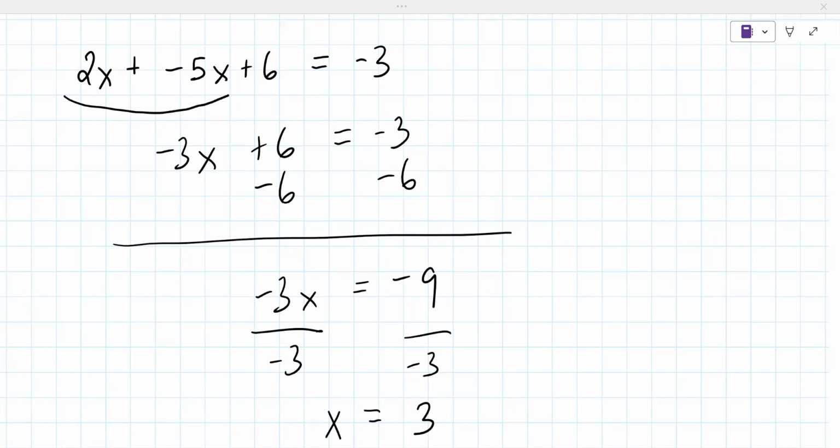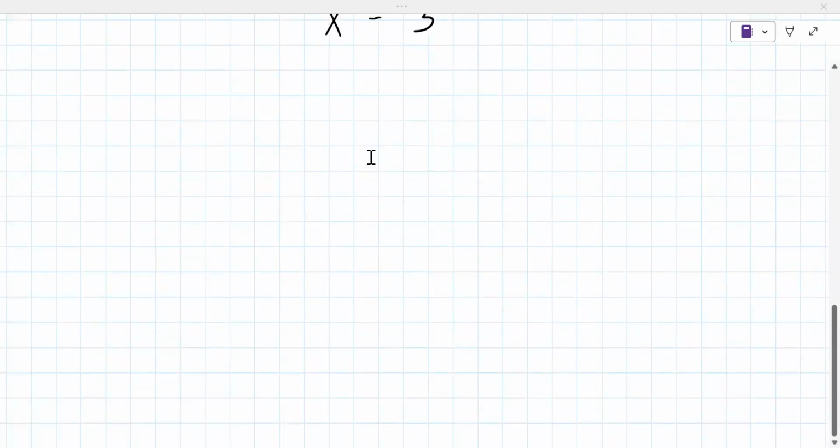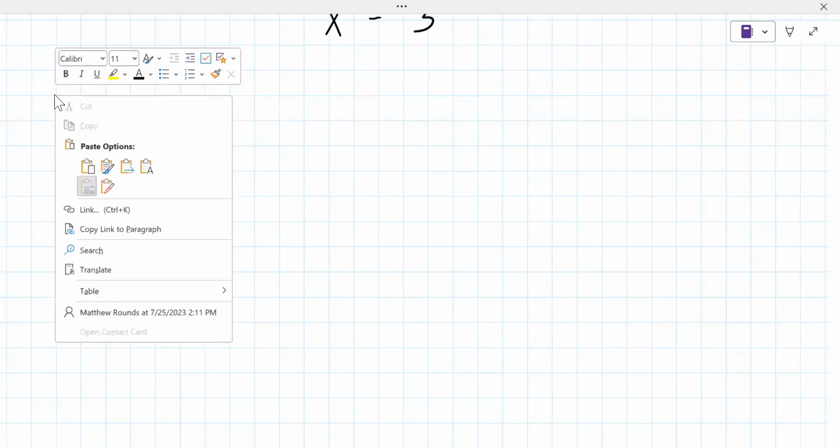All right. So let's look at another problem together here. It's essentially the same setup. I'm giving you a system of equations.